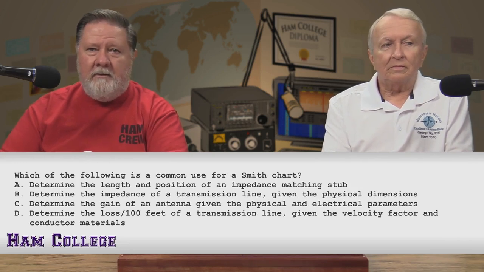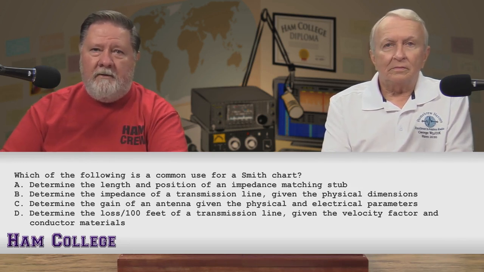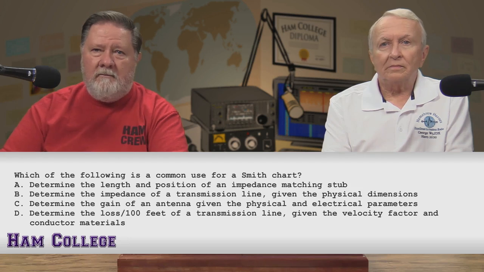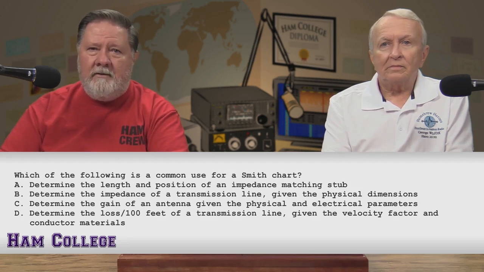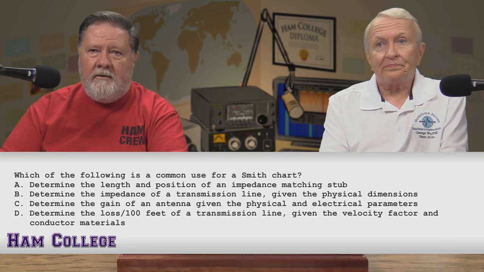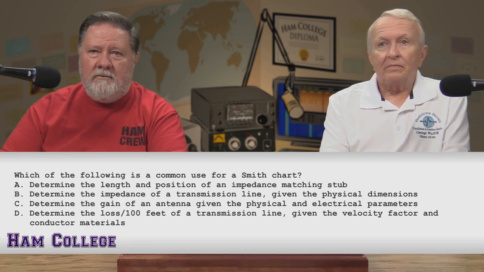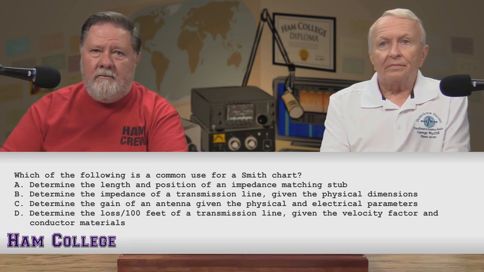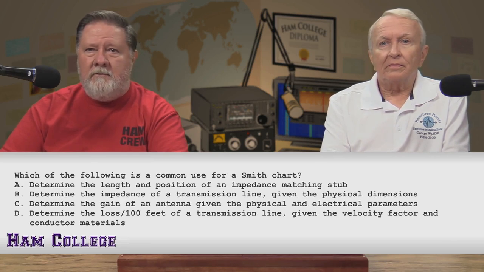I don't think that calculates losses per 100 feet. Determine the gain of an antenna? No, I don't think it's a gain calculation either. Determine the impedance of a transmission line given the physical dimensions? Determine the length and position?